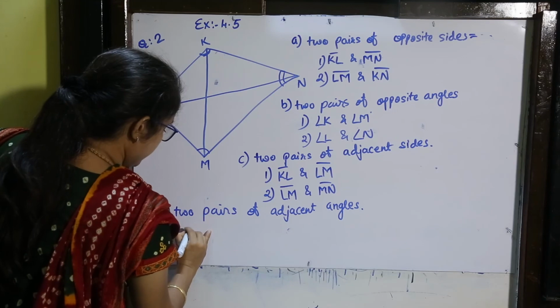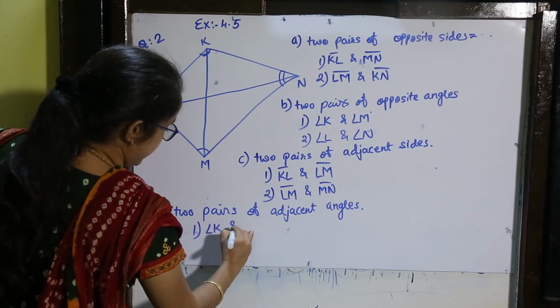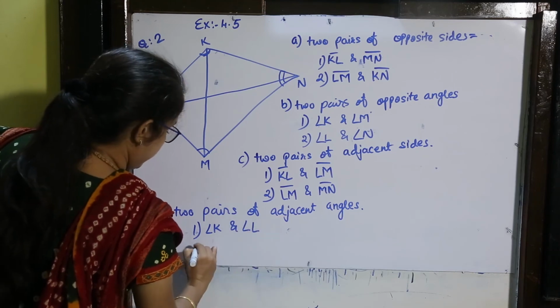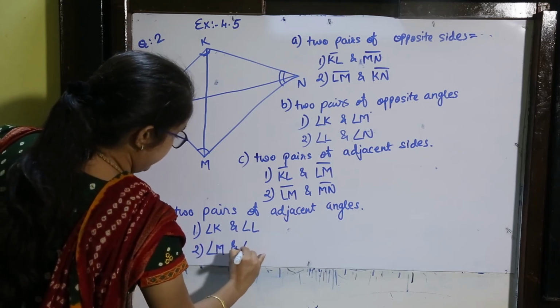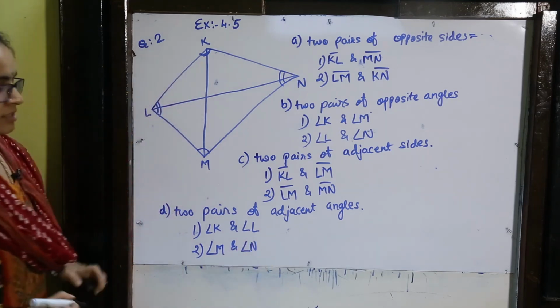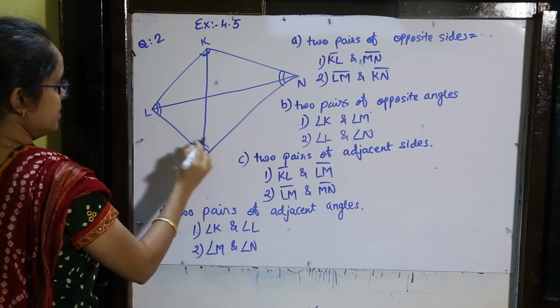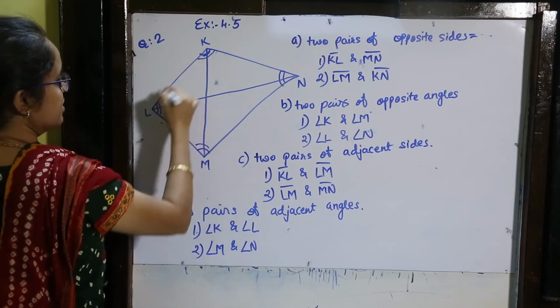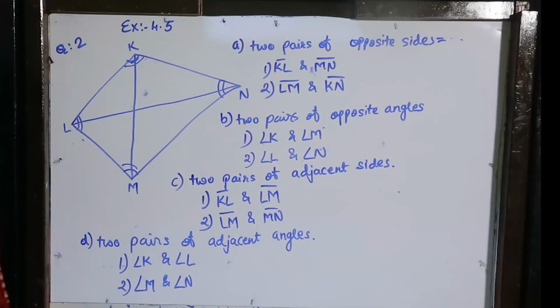For example, I write angle K and angle L, and the second I can write angle M and angle N. Okay, these are the two pairs. See, adjacent angles means these two angles, then these two angles, neighbouring angles. Okay, so draw this neatly and complete your work.